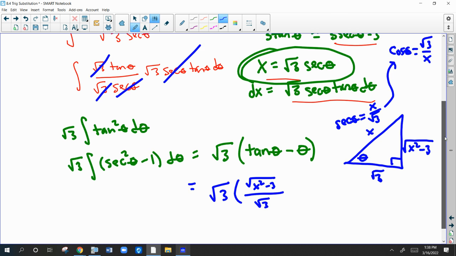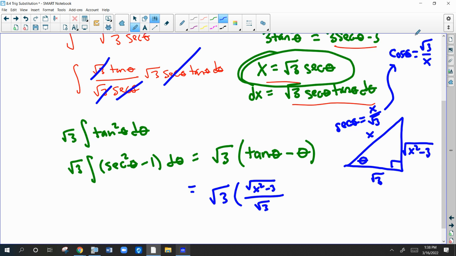We have secant theta equals x over root 3, or even cosine theta equals root 3 over x. I'll stick with the cosine. It doesn't matter. So theta would be the inverse cosine of root 3 over x.